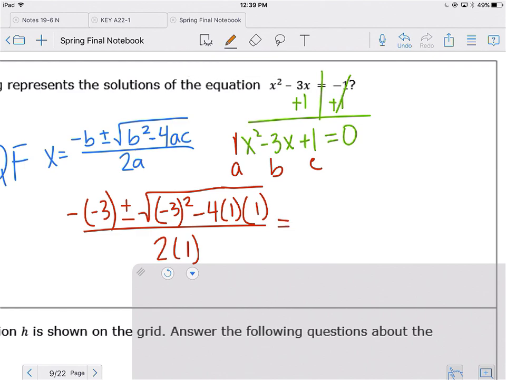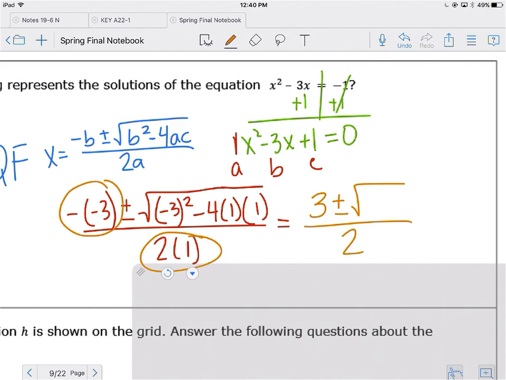So that's just me filling in a, b, and c in the formula. Every time I see a letter, I replace it with parentheses and plug in -3 if the letter is b, 1 if the letter is a, or 1 if the letter is c. So the first thing I simplify is that minus minus 2 negatives make a positive. On the bottom, 2 times 1 is 2.